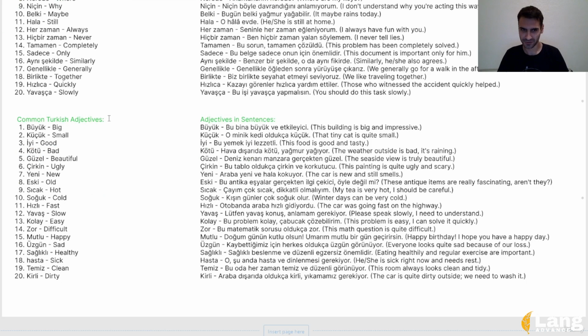Common Turkish adjectives. Büyük, small, good, bad, güzel, çirkin, there is no, maybe, yeni, new, eski, old, sıcak, hot, soğuk, cold, hızlı, fast.